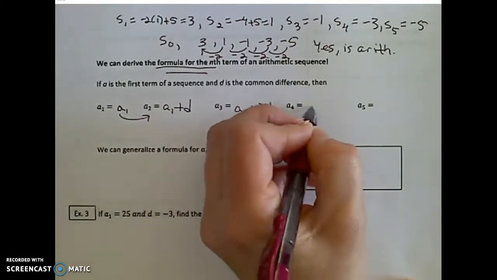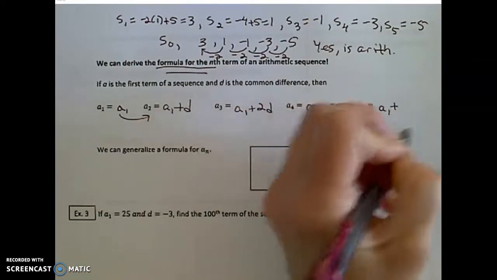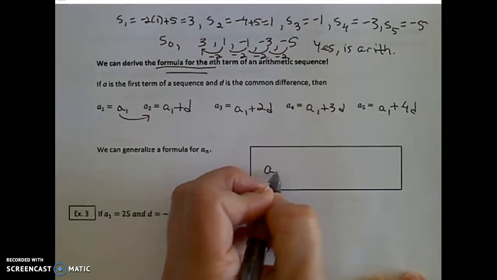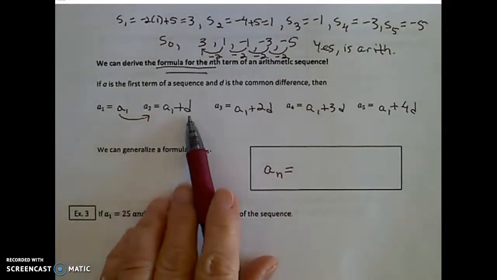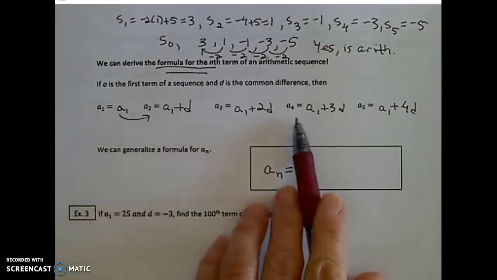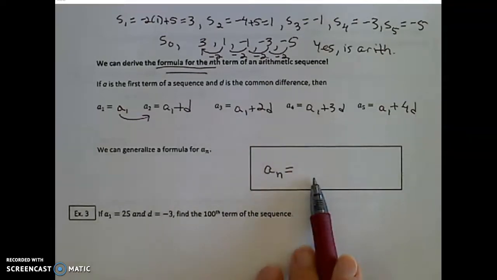If I just add another common difference, a sub 1 plus 3d, a sub 1 plus 4d. Take a second and look at that pattern. If I asked you for a formula for a sub n in general: second term a sub 1 plus 1d, third term a sub 1 plus 2d's, fourth term a sub 1 plus 3d's. Pause for a second and see if you can see that pattern.